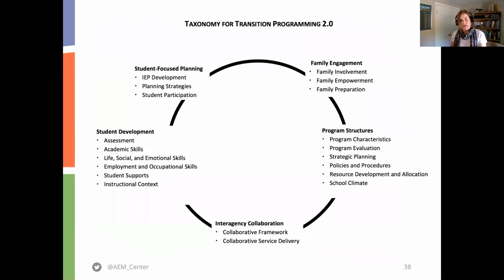Families understanding transition as empowerment, that they have a role, that their children have a role in this. And program structure, of course, includes things like the school climate, which we don't always realize how impactful the climate is. And of course, through all of these is the role of the student, and the student being empowered, the student having some self-direction and some choice in the whole transition process.